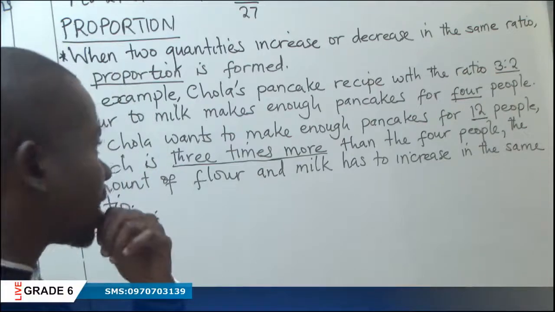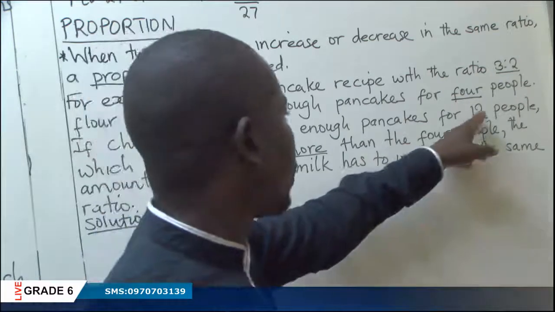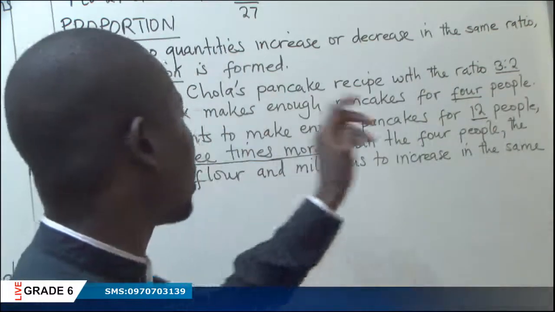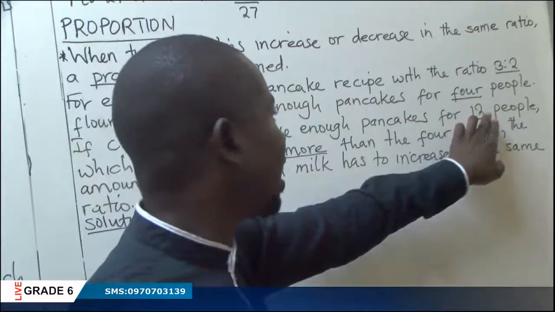So if we are going to get the answer 12, what do we multiply with? We multiply 4 times 3 in order for us to get the answer 12.